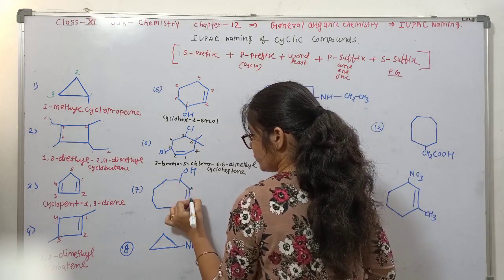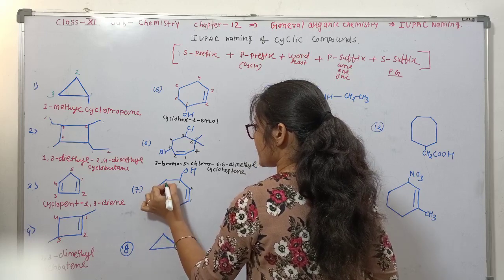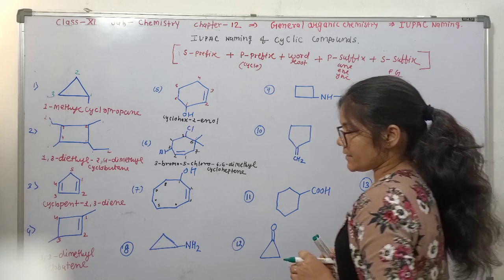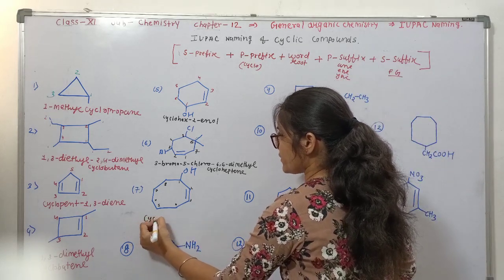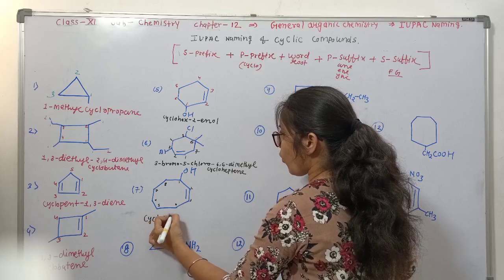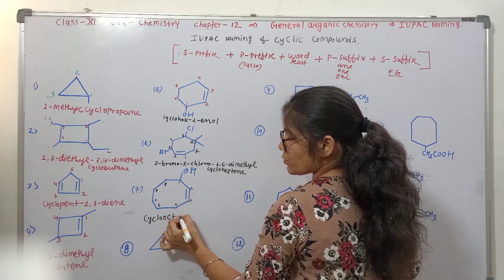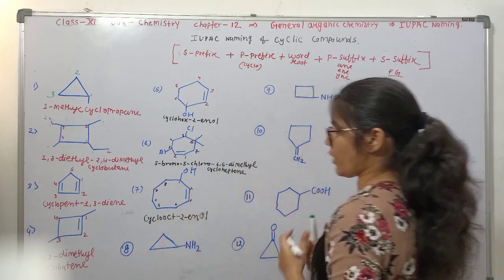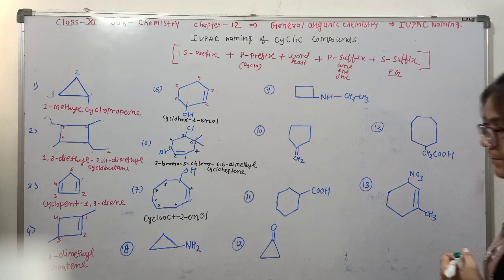Next one. 1, 2, 3, 4, 5, 6, 7, 8. Now we have 8 carbons in the ring. Let's just name the compound. No substituent, so we'll start with cyclo-oct, 2-yn-1-ol. Cyclooct-2-yn-1-ol.